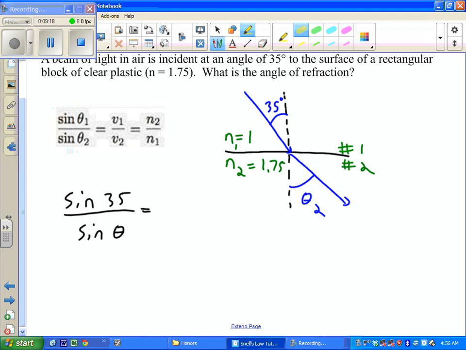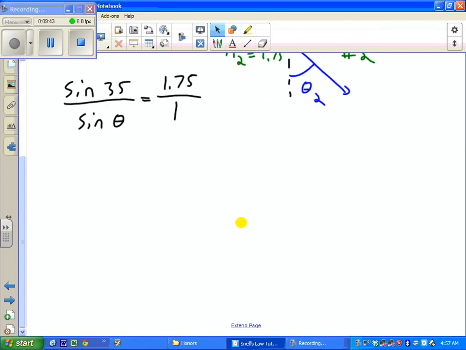But you can see that we don't have a velocity. So this whole term is just going to go away. So we did our sines, and now we just have our n's. N2 is 1.75. Make sure you put the 2 on the top, because that's what the equation says right there. And it's over 1. So in this situation, I will cross multiply again.